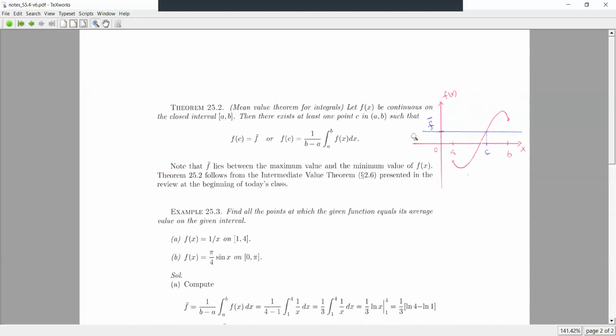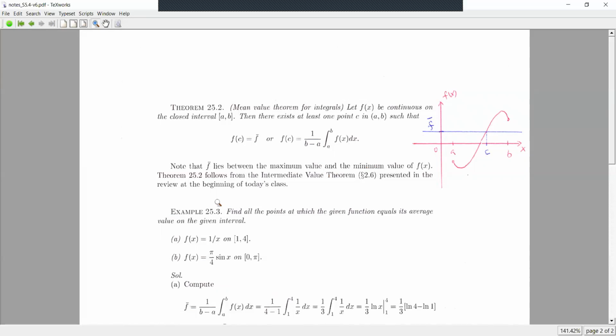So when I draw a horizontal line through f bar, the horizontal line will intersect the curve at least at one point. The point is the point C. At the point C, the function value is equal to f bar. This is the mean value theorem for integrals.